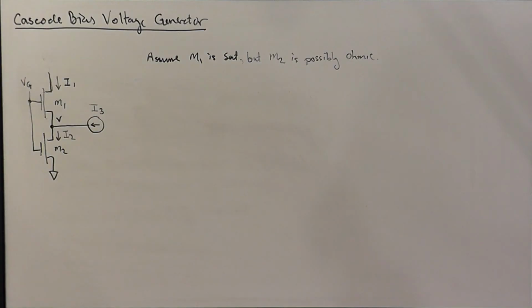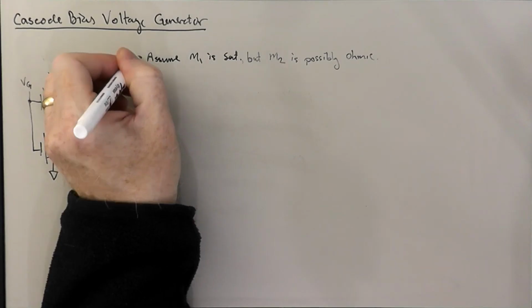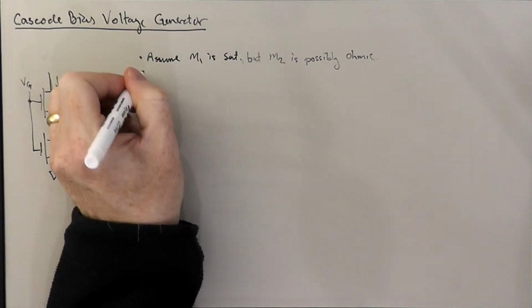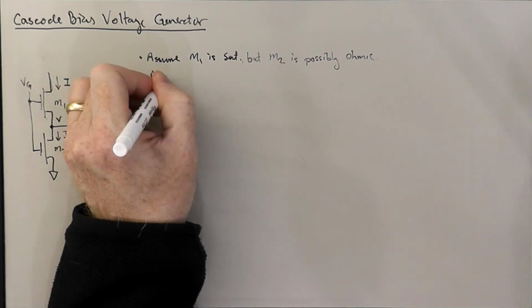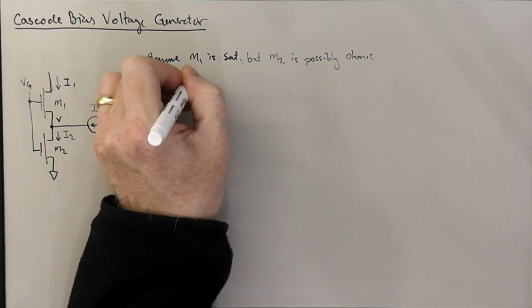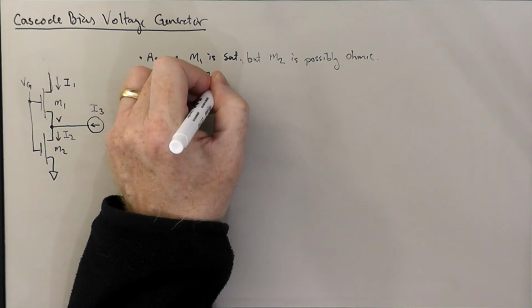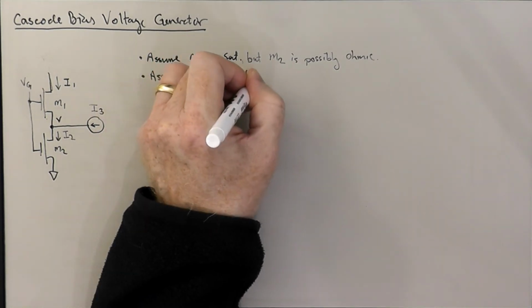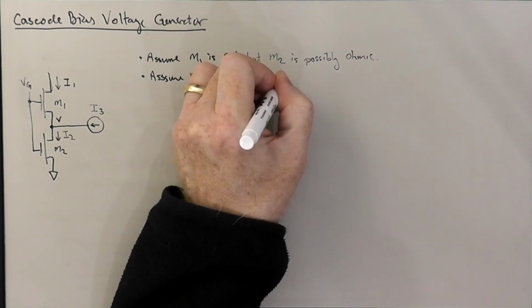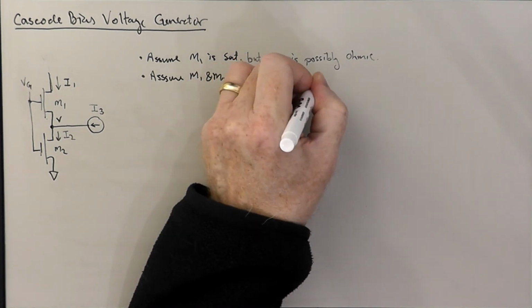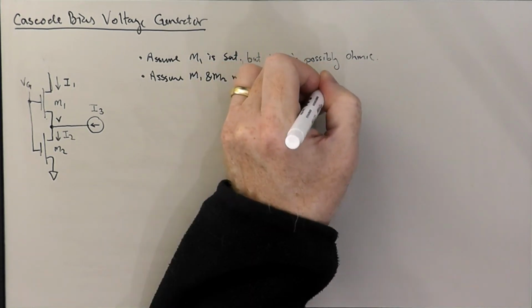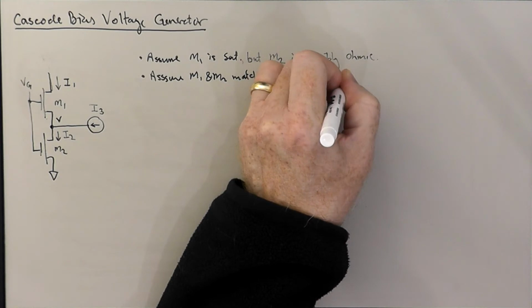Okay? And we're also going to assume that the transistors are matched. Standard assumptions: M1 and M2 matched, same temperature, and no Early effects, so VA goes to infinity.